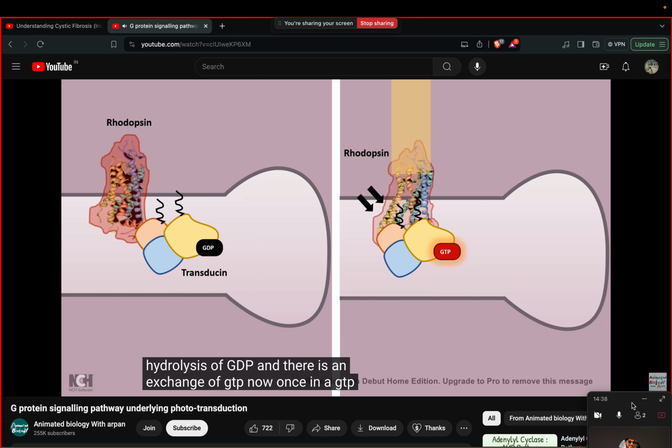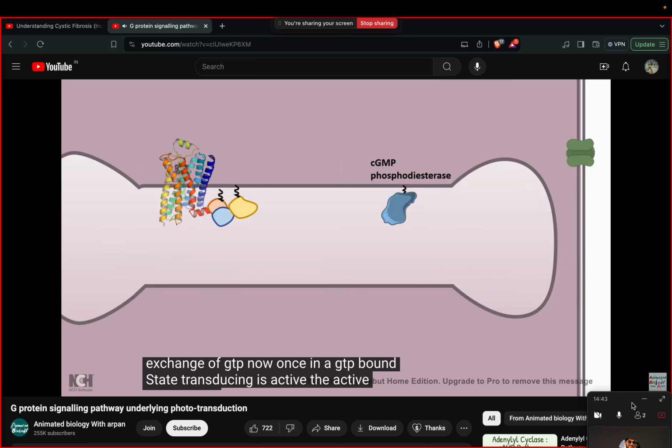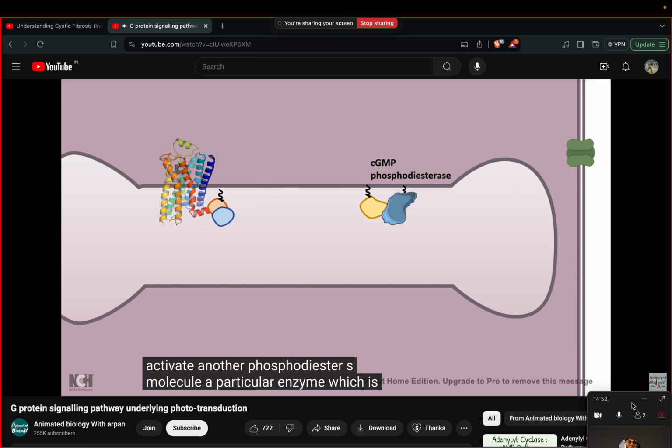Now, once in a GTP bound state, transducin is active. The active transducin leave the trimeric state and activate another phosphodiesterase molecule, a particular enzyme which is destined to degrade phosphodiester bond, and it actually converts cyclic guanosine monophosphate into only GMPs. Now, what is the consequence of that, and what type of relation does it have with vision?